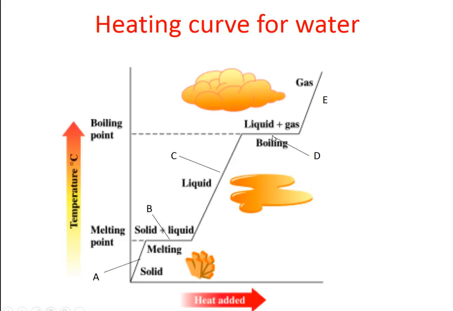That is, energy is used to evaporate instead of increasing the temperature. While here, the energy that we add is used to increase temperature. Here, the energy that we add is used to increase temperature. Here also, the energy is used to increase temperature. It's only these two positions where the energy is used to break up the structure of either solid or liquid.